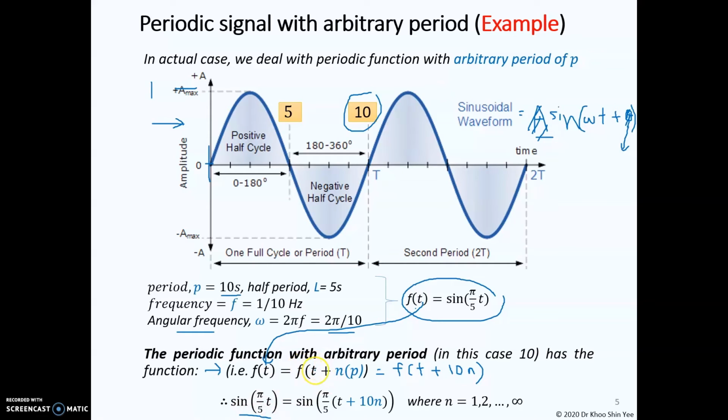And then f(t plus 10n). So you need to substitute t in your function to be t plus 10n. Let t equal to t plus 10n, then you obtain sine of pi over 5, replacing the t with t plus 10n.